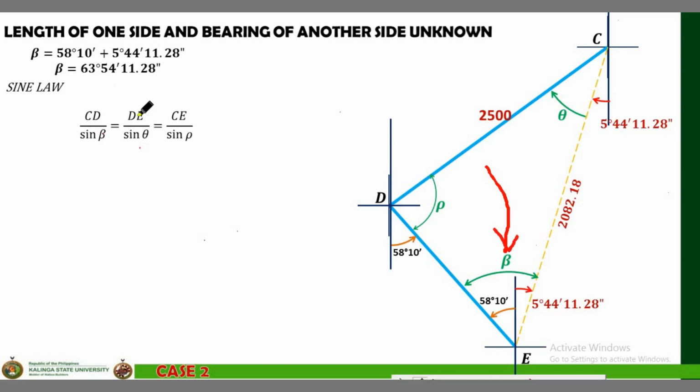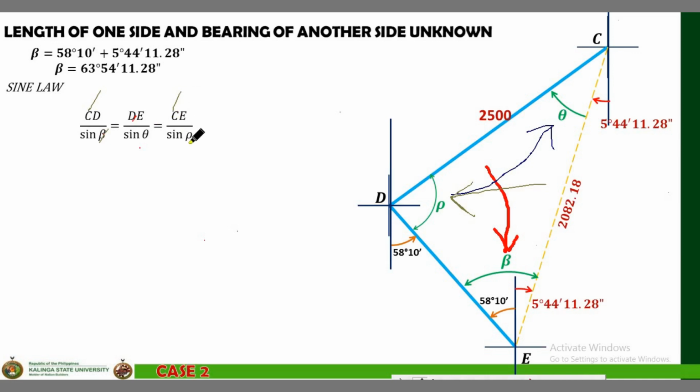The opposite of DE is theta. The opposite of CE is rho. Okay? So, I need these to solve for the other unknowns. I already have the value of CD. I have the value of beta. Okay. I also have the value of CE.